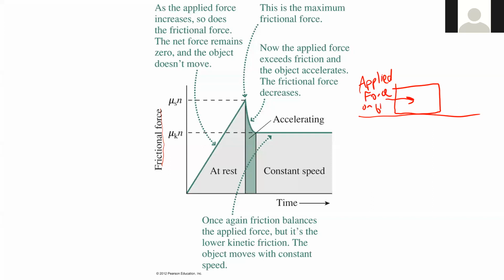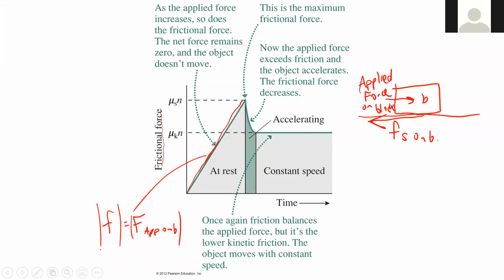Then there's a frictional force of the surface on the block, block B. That friction force will adjust itself to be equal to F applied, the same magnitude, for a while because the object stays stationary.